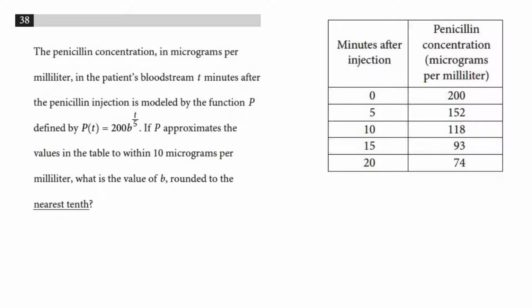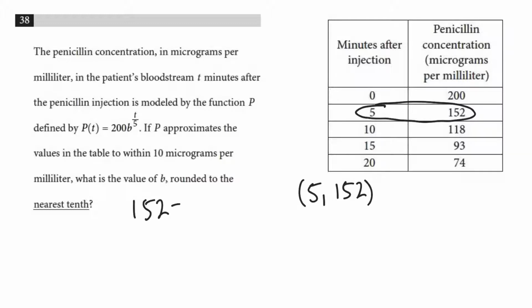First I'm going to take this data point right here: 5, 152. I know that the output is 152 when the input is 5, or that would be 5 over 5, which is 1.